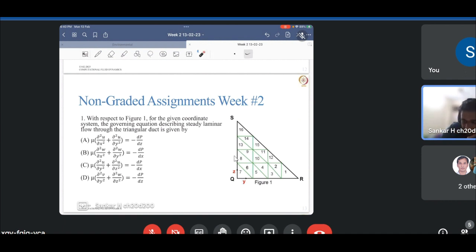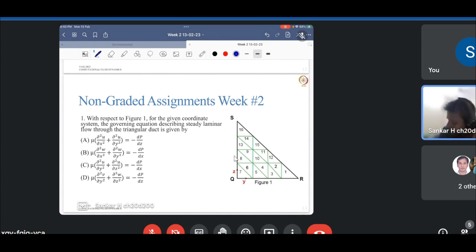This week dealt with questions about non-rectangular geometry, basically flow through a triangular duct and flow through an ellipsoidal duct, which is what is being discussed in the non-graded assignment this week. We'll start with the question.